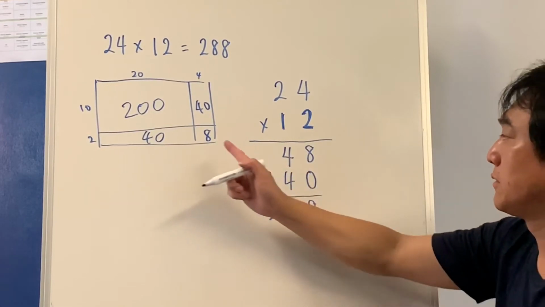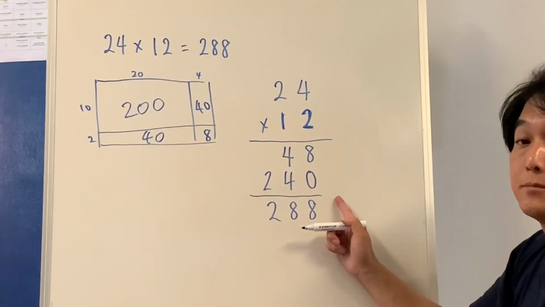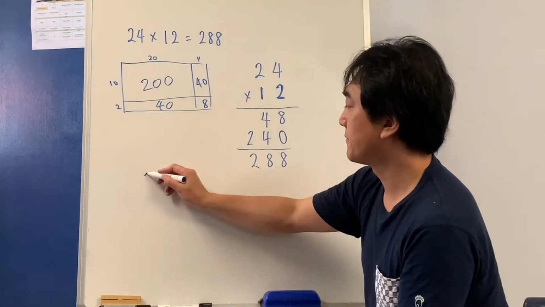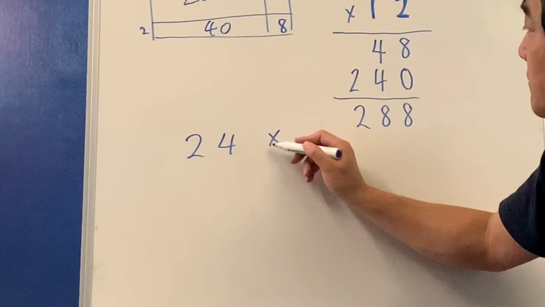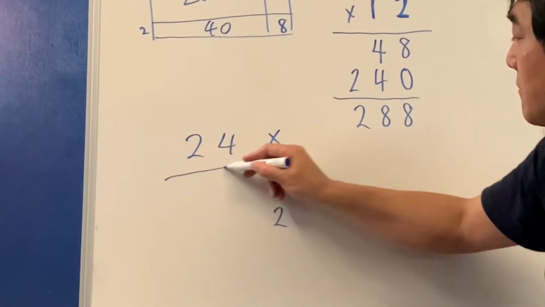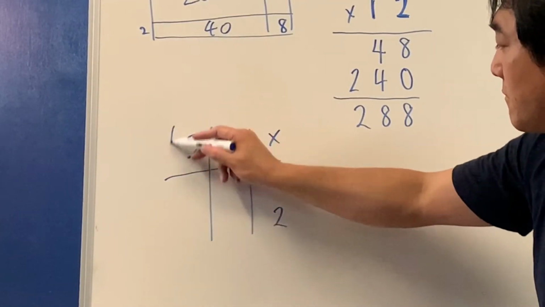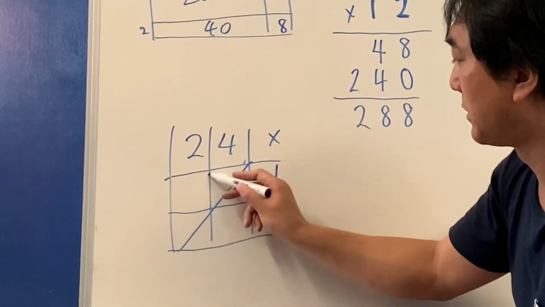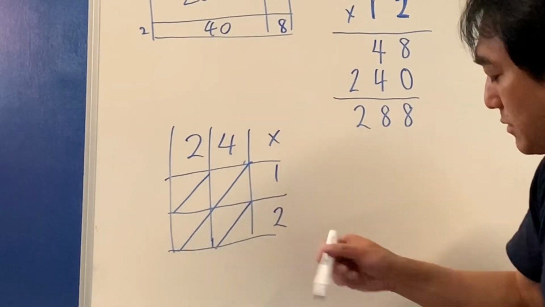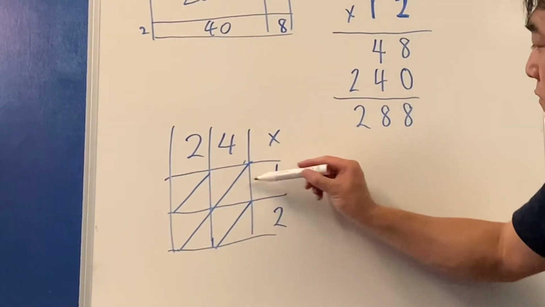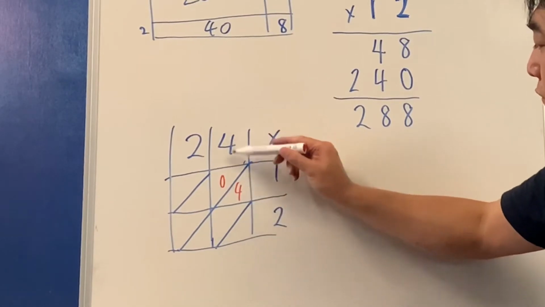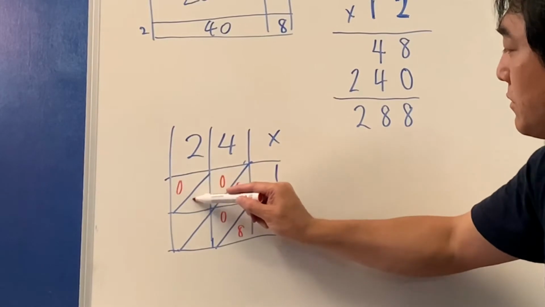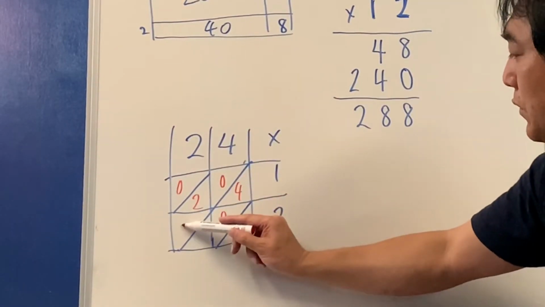Can you see something here? Now, those people who learned lattice with me, this is lattice multiplication. 4 1s are 4, 0 4, 4 2s are 8, 2 1s are 2, 2 2s are 4.